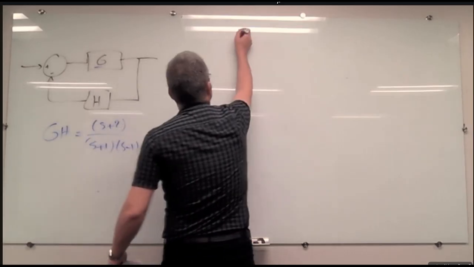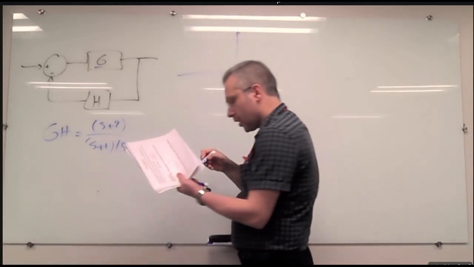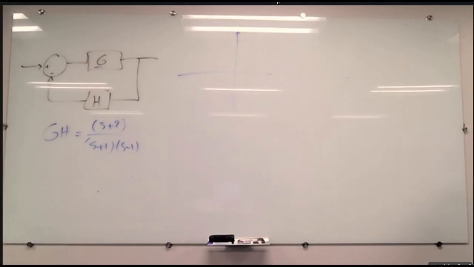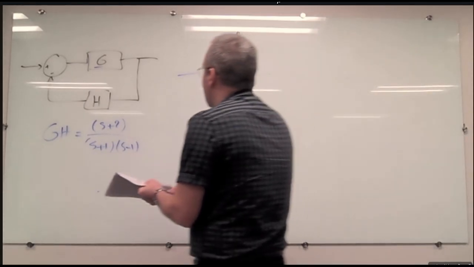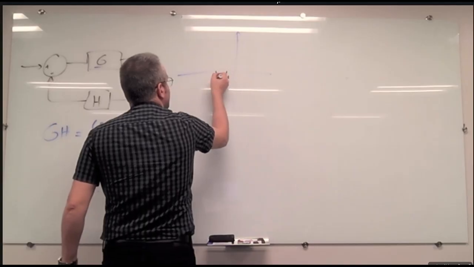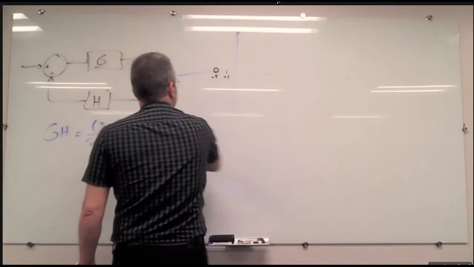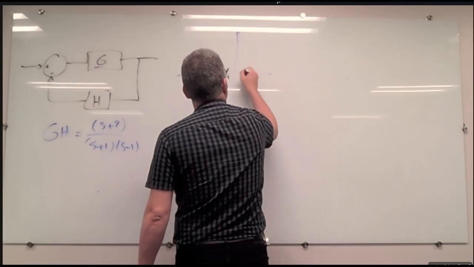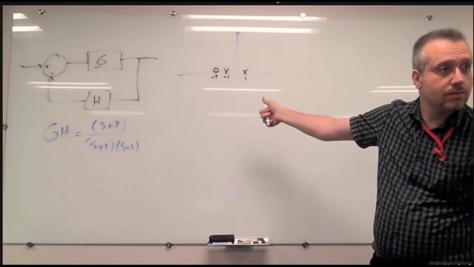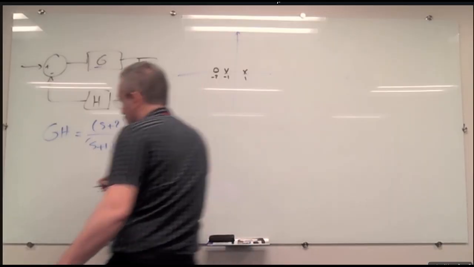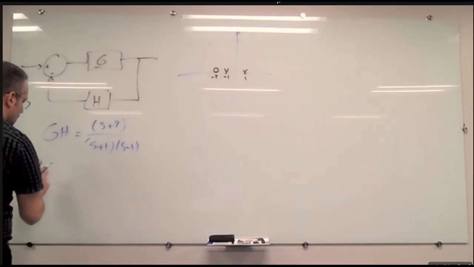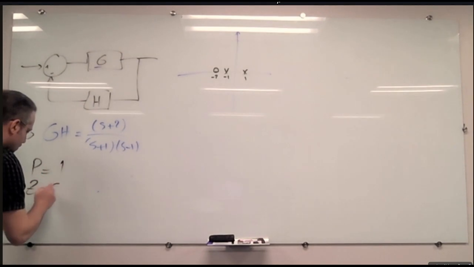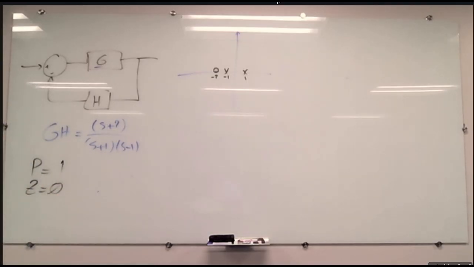So, in summary, what are our poles and zeros? We are going to have a zero at minus 2, a pole at minus 1, and another pole at 1. Are we good? Now, here our P is 1, and our Z is 0. Are we good so far?